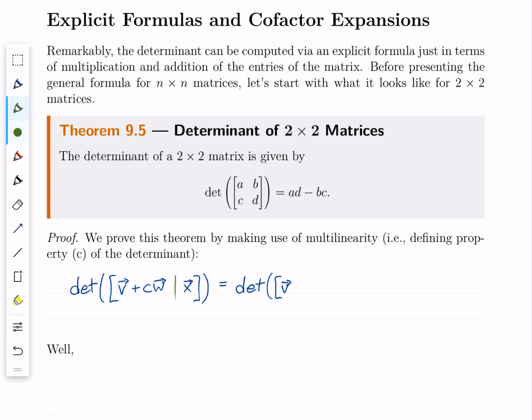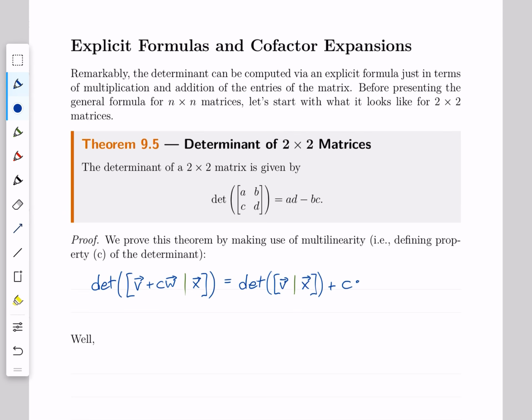So that second column, X, has got to stick around. It's going to be the determinant of the matrix that just has V in the first column, plus C times the determinant of the matrix that just has W in that first column.